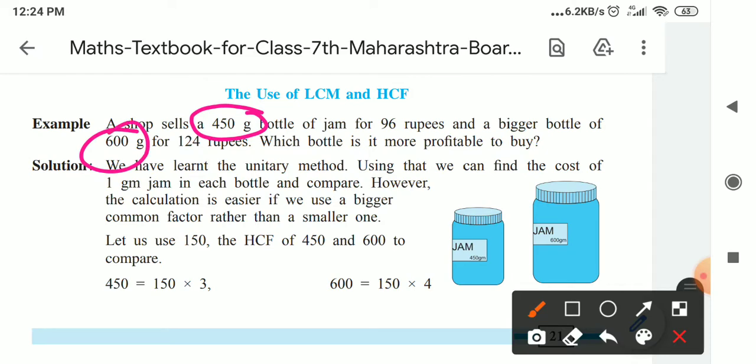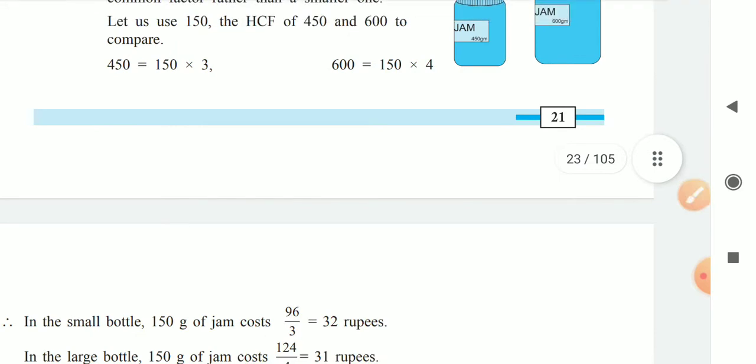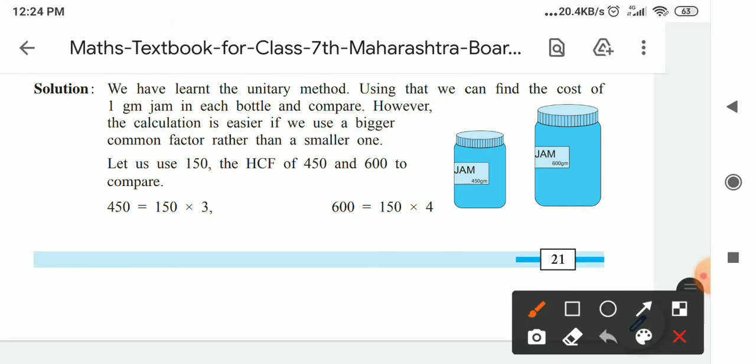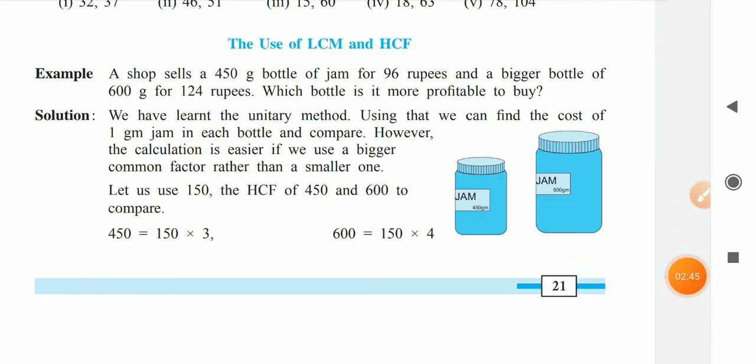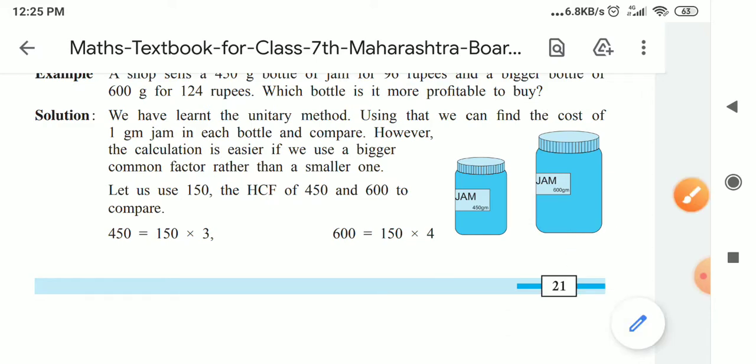That we can decide by using the uses of HCF and LCM. So we will see how the LCM and HCF help us to understand which bottle is profitable for us. So let us see what is given in here for better understanding.